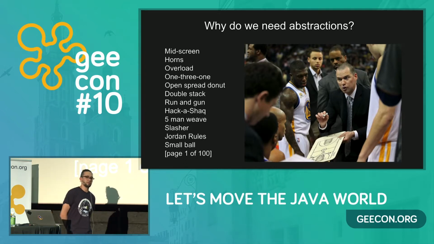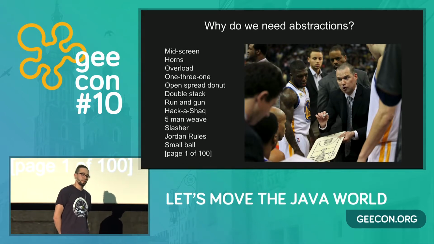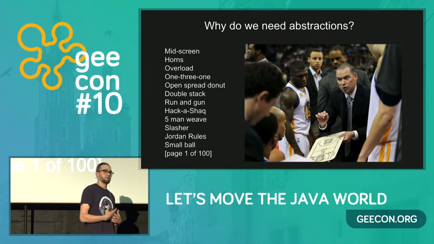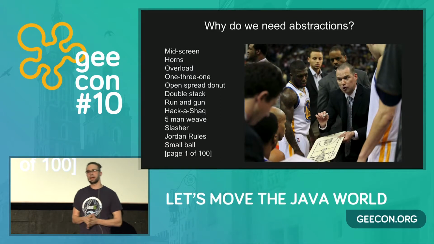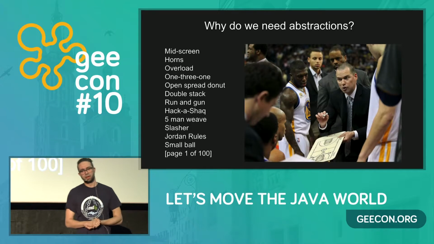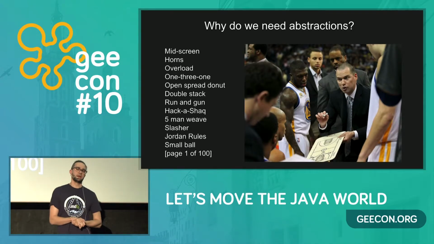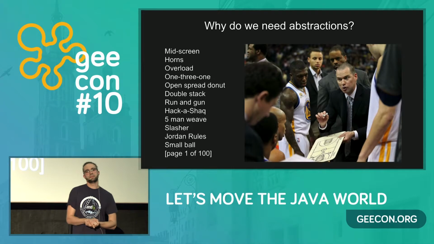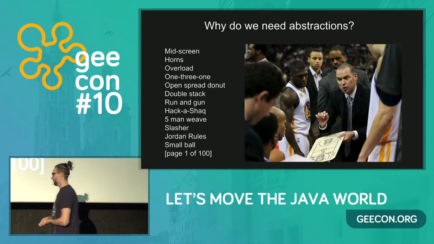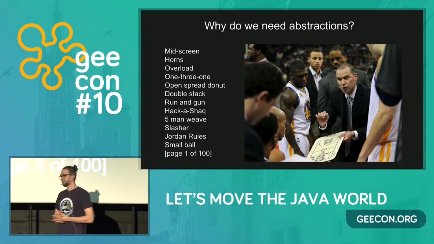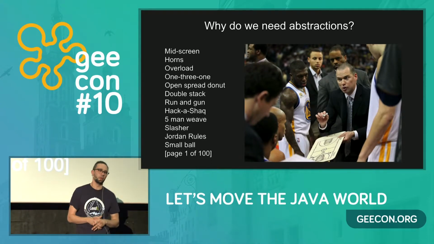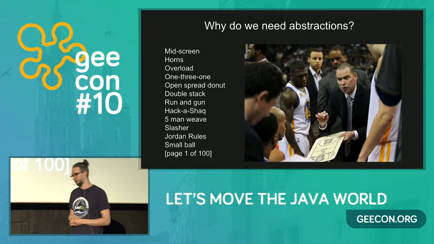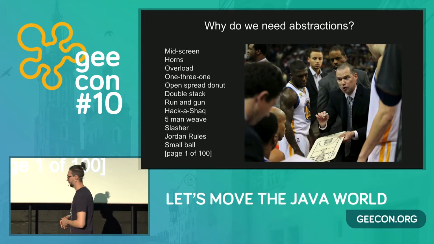So let's go back to modern times, and this is to define this concept. Why do we even need abstractions? You see this guy. He probably has, I don't know, 2 minutes to explain to the team the strategy for the remainder of the game, and he has to do it effectively. If you heard what he is saying, although it is English, you probably wouldn't understand a word unless you are a big fan or a professional basketball player.